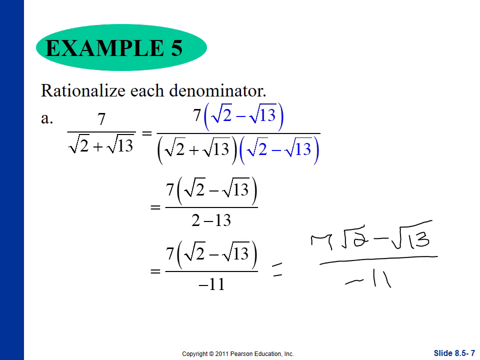Either one of those I'd accept. Oh, excuse me, no, I won't accept that. I almost went on here. I can't accept that one because it's got to be 7 square root of 13. That I would accept.